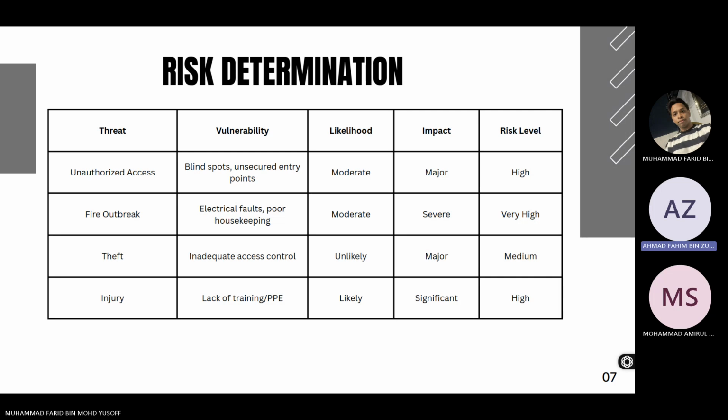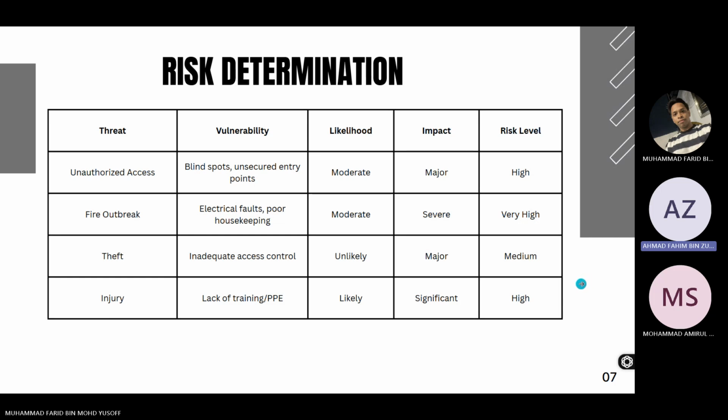Next threat is fire outbreak. The vulnerability is electrical fault and poor housekeeping. The likelihood for this one is moderate, but the impact is severe, so the risk level is very high. Next threat is theft. The vulnerability is inadequate access control.